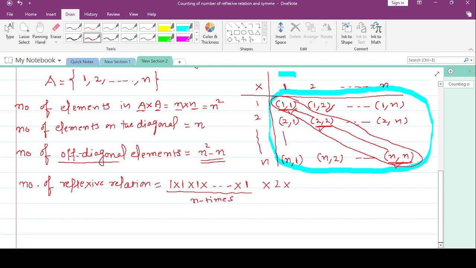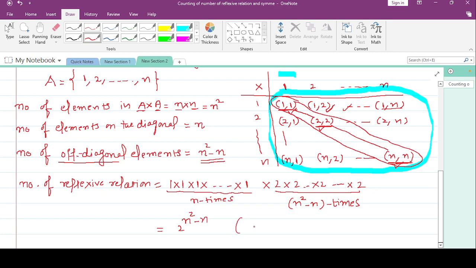I have n square minus n off-diagonal elements, so I am multiplying them n square minus n times. This is equal to 2 raised to the power n square minus n.